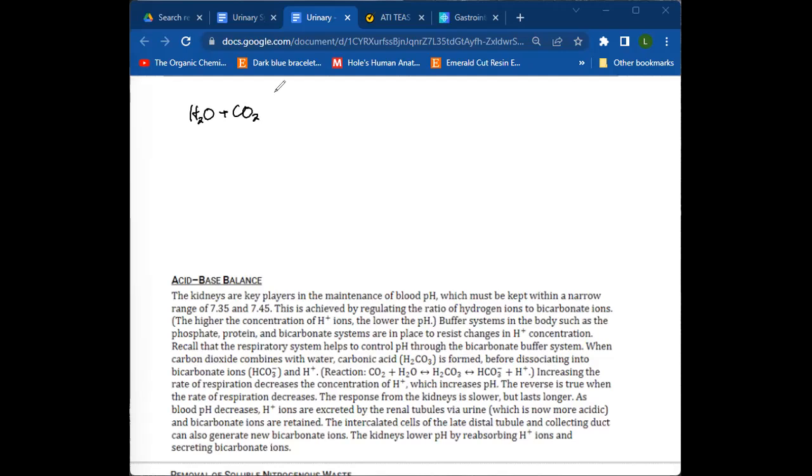So after cellular respiration, we're going to have water and carbon dioxide combining in a reversible reaction to make carbonic acid. And then the carbonic acid can break down into hydrogen ions and bicarbonate, HCO3 negative.